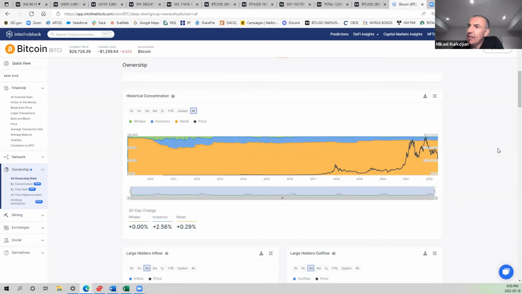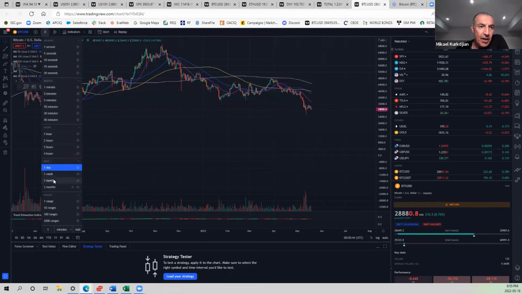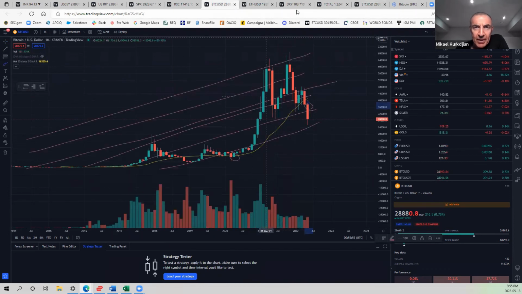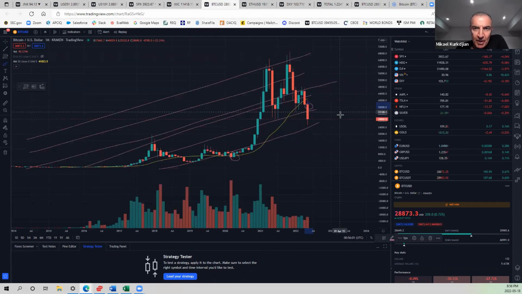Hence, if we look at what Rekt Capital was saying, he was basically saying on the monthly chart that, let's just look at Bitcoin's monthly chart so that we don't get too confused here. Here we go.